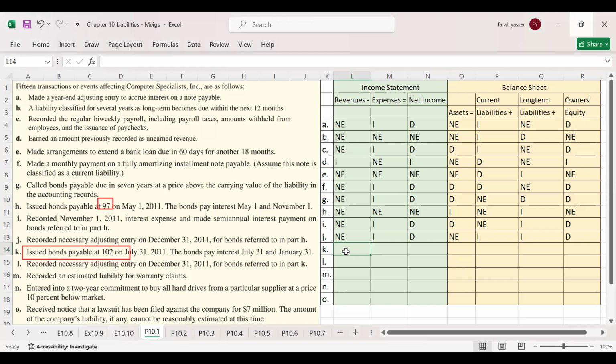Whenever a company issues a bond, the company gets cash. So assets will be increased, and bonds payable is a long-term liability. So long-term liabilities will also be increased. At this stage, there is no impact on the income statement, no current liabilities involved, and owner's equity has also no impact with this transaction.